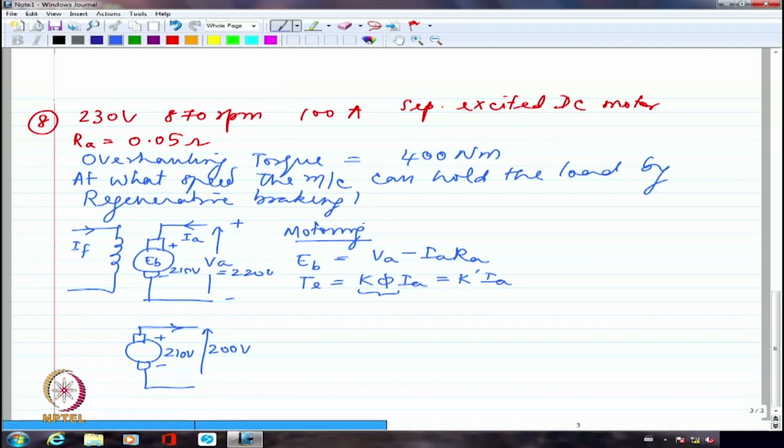Because of which I am utilizing the process of losing the kinetic energy rather than dissipating it in the external resistance, what I did in dynamic braking.